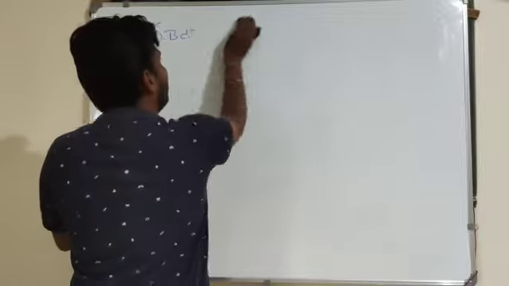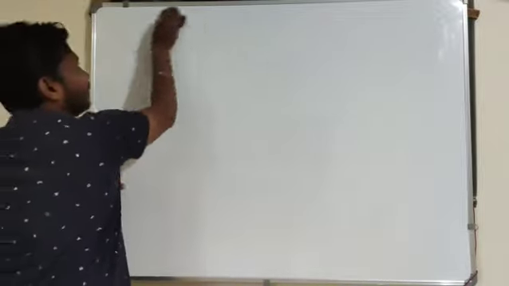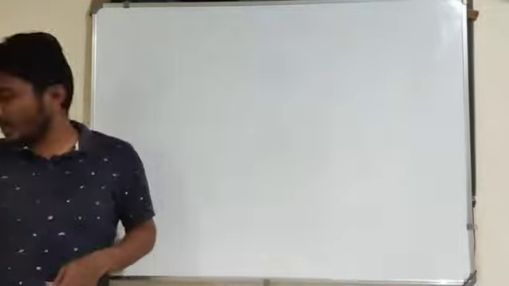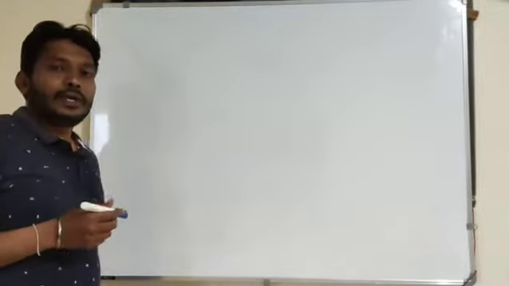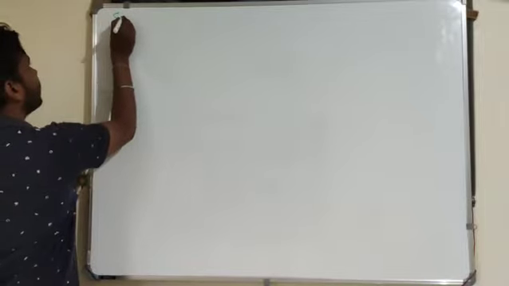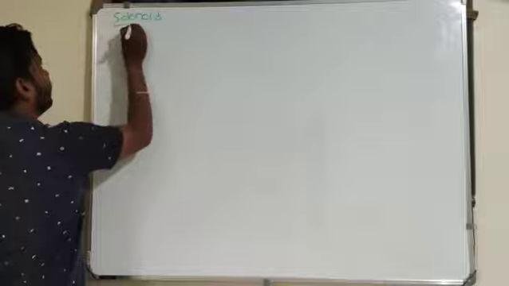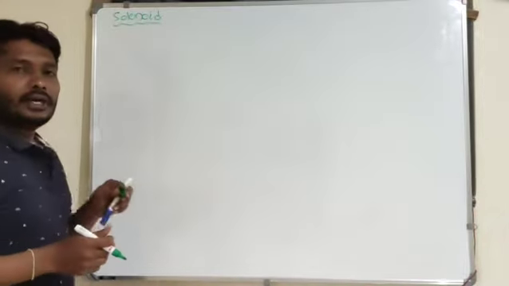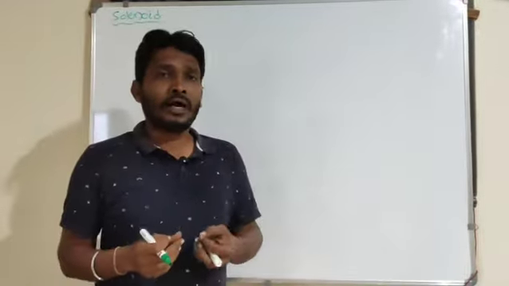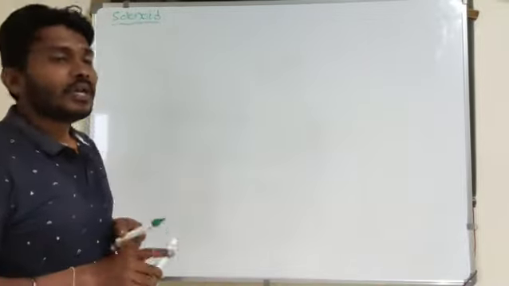This derivation is very important for 3 marks in your annual examination. First we will understand what a solenoid is, and then the value of the magnetic field inside it.